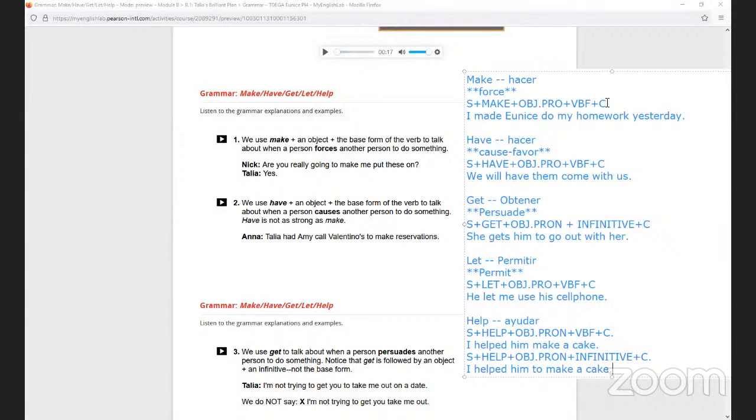We could use them with present, past, future, present perfect. So we can use them with everything, okay? So now we are going to go to the platform, okay? Okay, teacher. Okay, so now let's go.